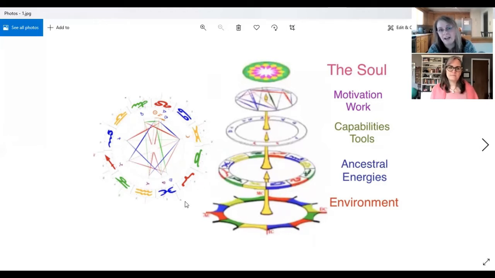And the bottom six houses are what will be in the under part of the earth. I don't know how to explain that, the part that you cannot see because it's not the sky. You are seeing half of the picture, and there is another half at the bottom. And these are the houses that you'll see under the horizon. But this would be the person standing and looking at the sky at this moment, and this is what the person sees. East horizon, the ascendant; west horizon, the descendant.